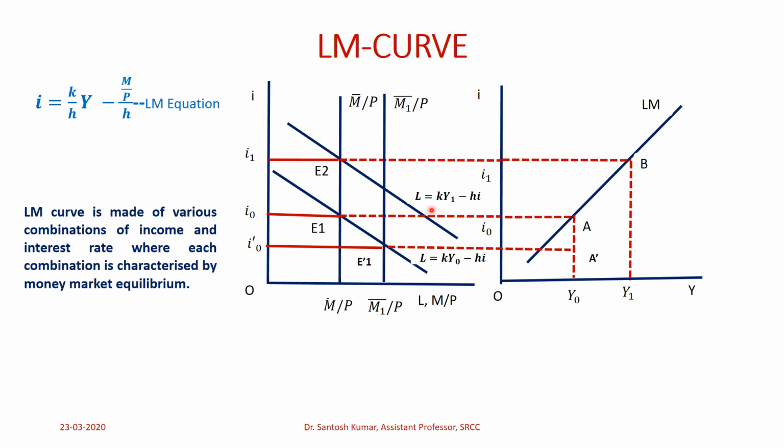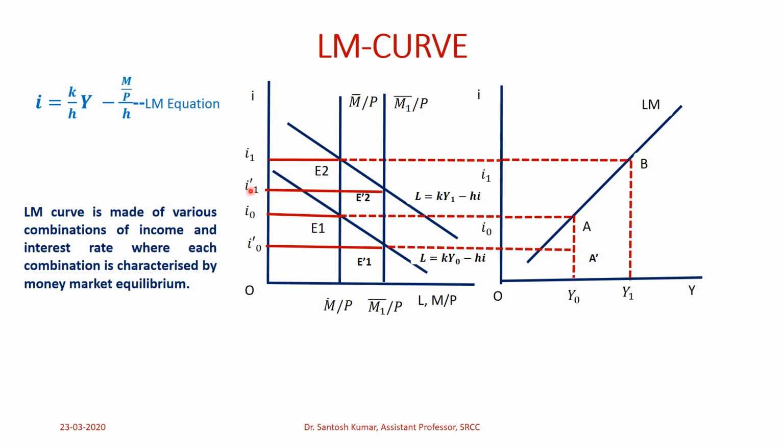Wherever this new money demand line intersects the new money supply line, that will give you the new equilibrium point. That is expressed here by E prime 2. This is the new equilibrium point in the money market, and it gives us the interest rate I prime 1, right?